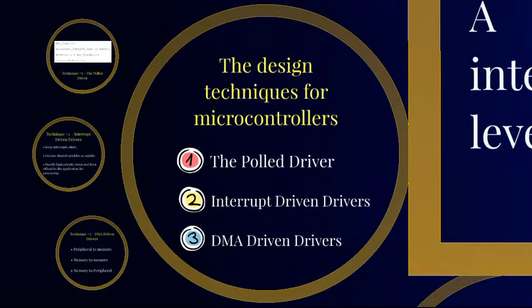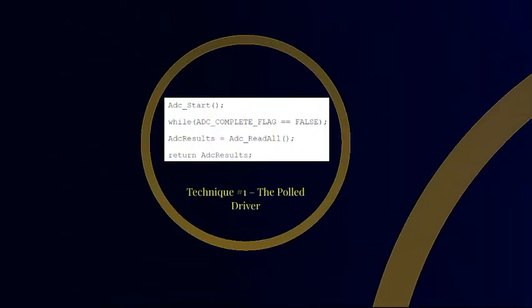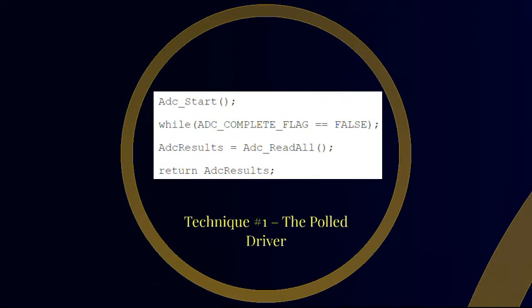Now we are going to look at several different ways that a developer can implement an ADC driver based on the design techniques for microcontrollers. Technique 1: the polled driver. The first technique, and the most fundamental, is to develop a driver that polls the variable or external device to see if it's ready to either send or receive information.